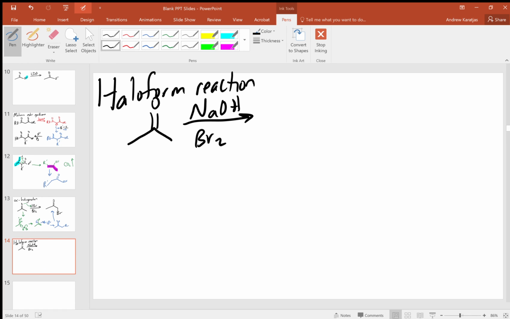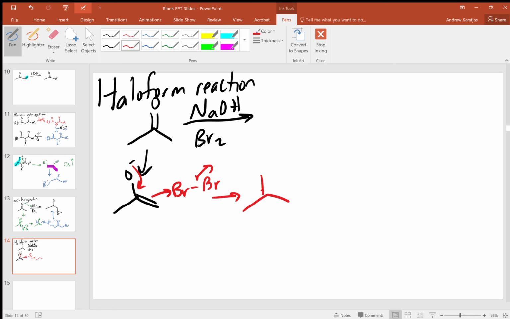And in the first couple steps that aren't at all surprising, we start by forming an enolate. Then that enolate, just like you saw in the previous reaction, will attack bromine, giving us this product. And at this point, everything looks fine. Looks like we've done exactly the same thing we did under acidic conditions.